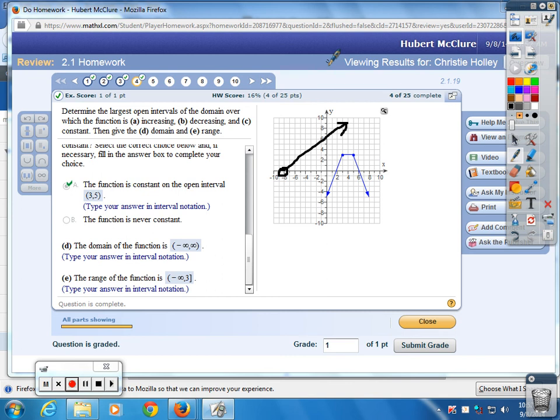But you can't use 0, so it would be a parenthesis on 0. So that's where it's important. Or if it's colored in, then you'd put a bracket on -8 to infinity, and then 0 would have a bracket to infinity. Increasing from 8, bracket, to infinity, parenthesis. Okay? Do you see where someone could argue about that point right there?